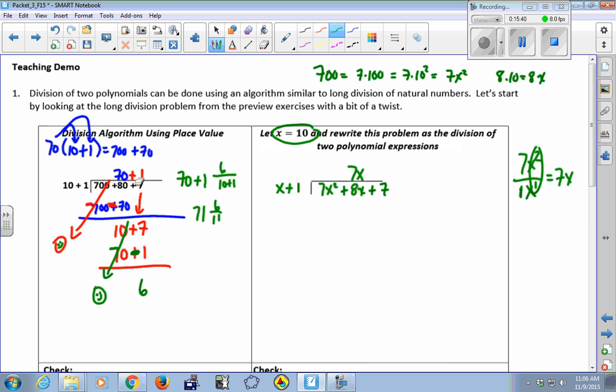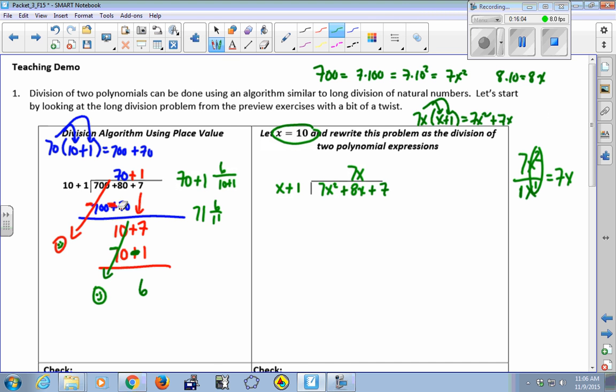Then what did I do with my 70? I multiplied 70 times 10 plus 1, and now I multiply 7x times the divisor, x plus 1. So 7x times x plus 1 is 7x squared plus 7x. Notice 700 plus 70.